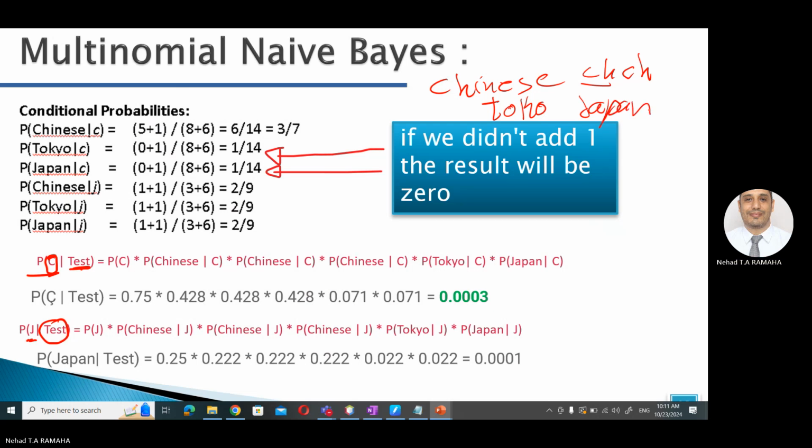And we need to classify this one. So to classify it, we will say we need probability for category C with the test data, the whole test data. This is the test data. It's equal. Probability of the Chinese itself, we calculate it, multiply by.